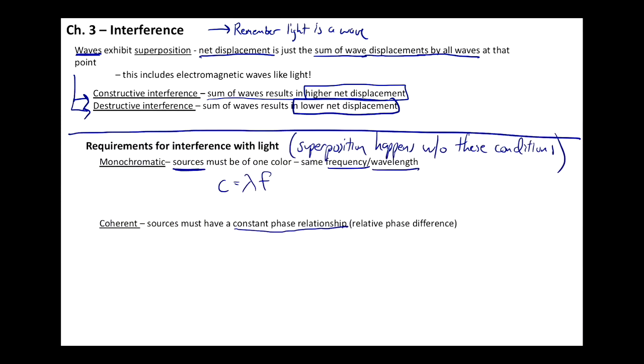Like they're shifted just a little bit different from each other. That would still be a constant relationship as long as every time one peaks, the other one is just coming down the peak a little bit. As long as every time that happens, it's exactly the same, that's still a constant phase relationship.